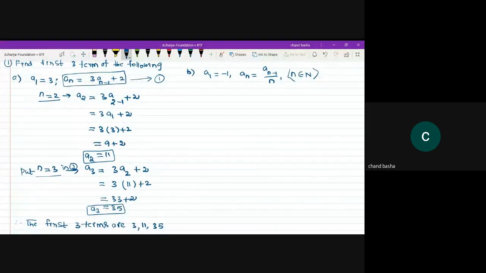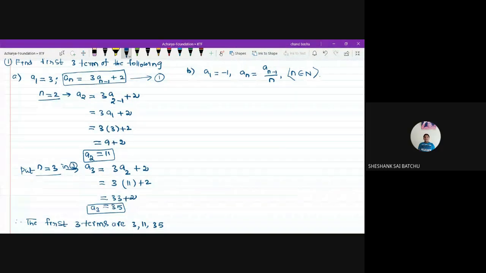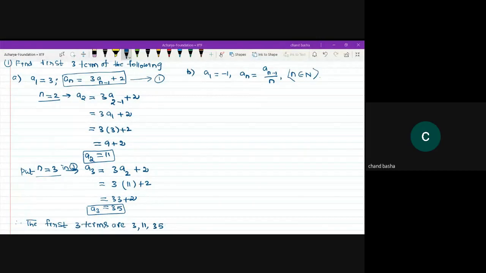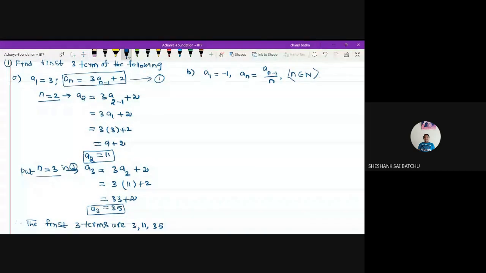You can put n equal to 3 in equation 1. You will get 3 minus 1 means. Sir, can I say the answer? Yeah, you already told that you got the answer as minus 1. Not minus 1, sir. You got a different answer now. A2 is -1/2 and A3 is -3/2.